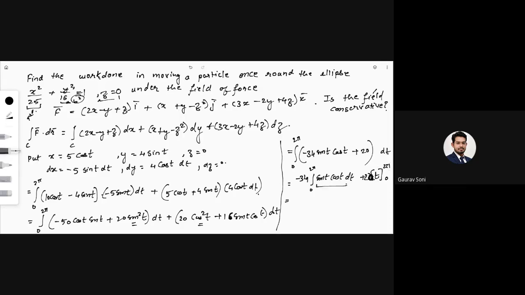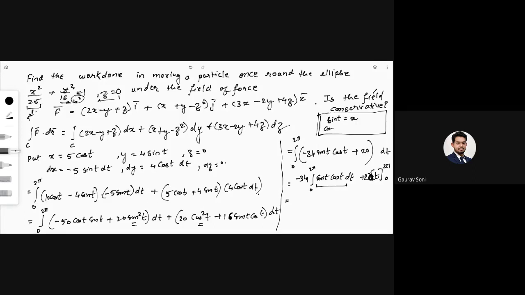So in this example what I can do is I can put sin t as x. Sorry, let me just do it somewhere else. So you can check this on a rough page. So what I will do is I'll put sine of t as say x.